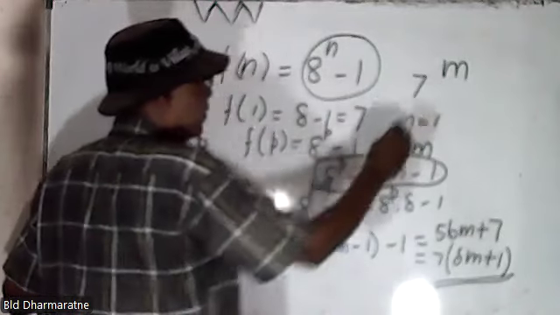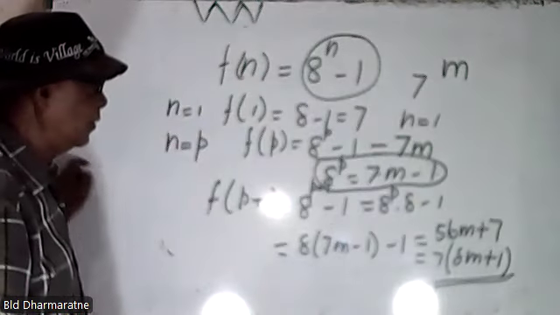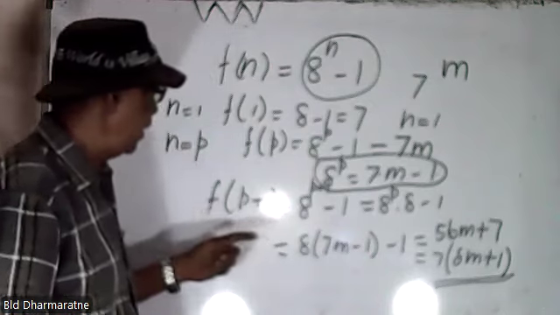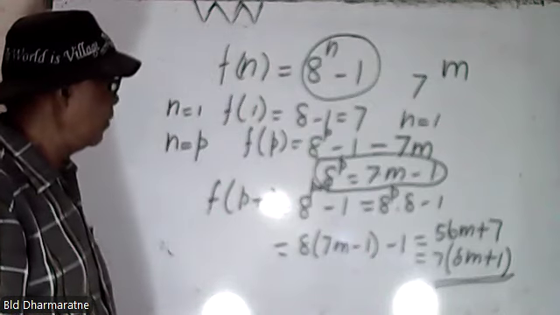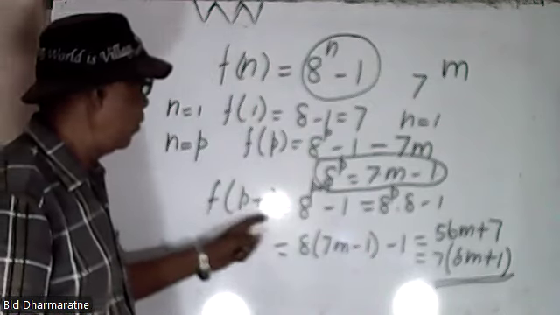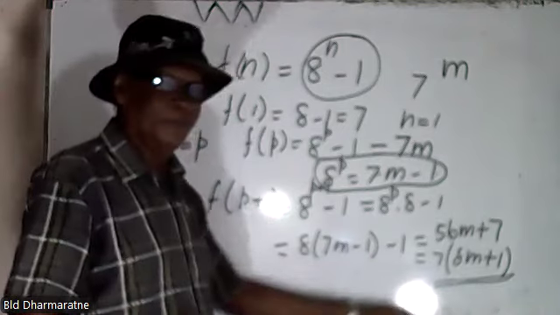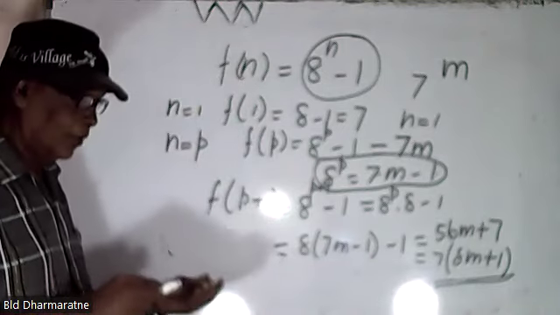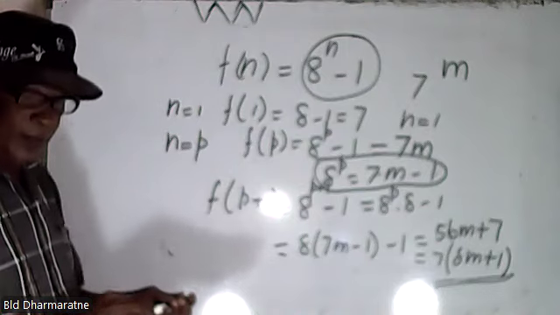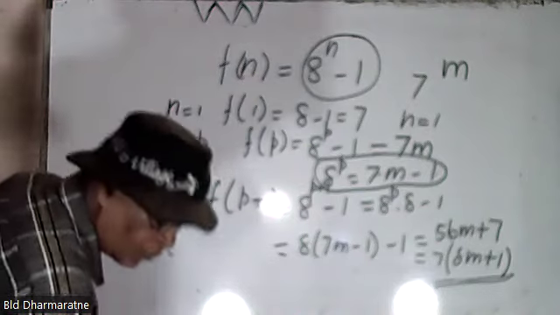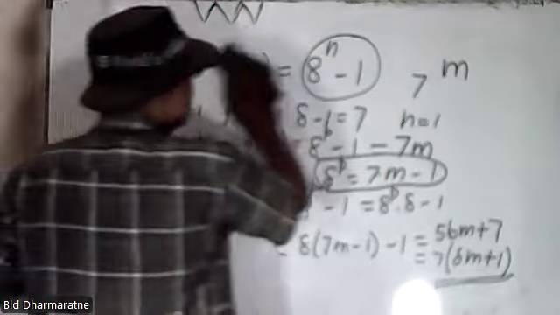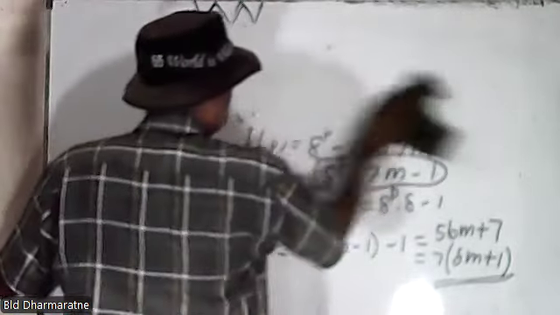In this type of question we have to prove that Fp plus 1 is also divisible by 7. Now mathematical induction has proved the condition for this formula. Now another one.